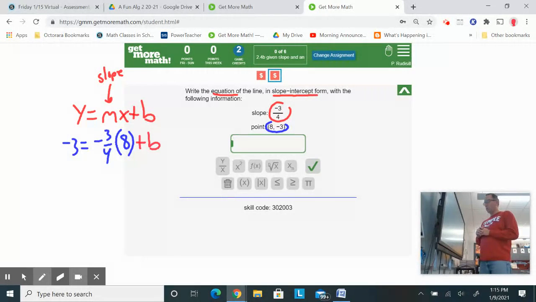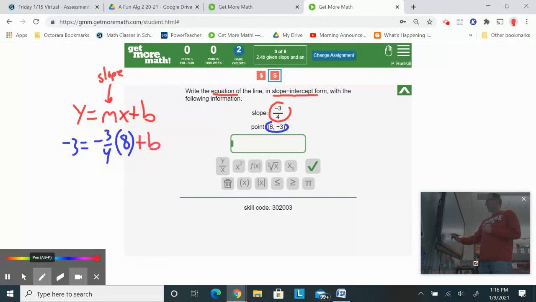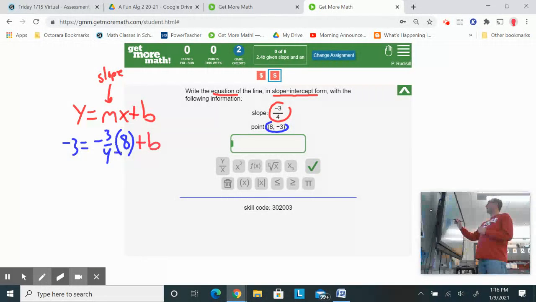So I'm going to multiply the -3/4 and the 8. So I can put 8 over 1, and anytime you multiply a fraction and a fraction, you can simplify the denominator and numerator, if possible.